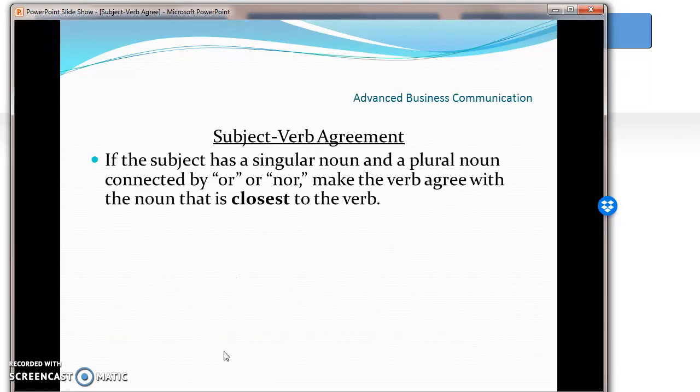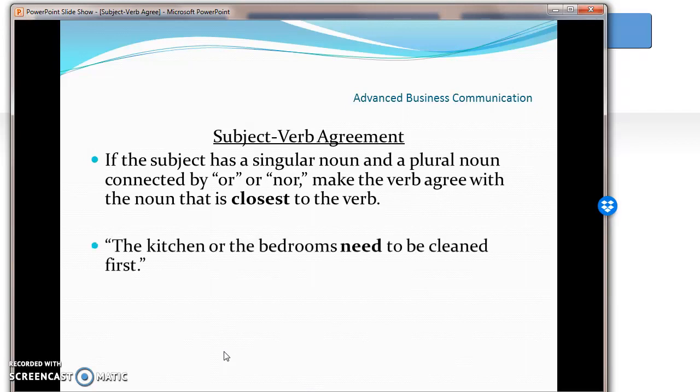Now here's another permutation of that. If the subject has a singular noun and a plural noun connected by an or or a nor, you make the verb agree with the noun that is closest to the verb. The kitchen or the bedrooms need to be cleaned first. Do y'all see that? Kitchen, singular, or bedrooms, plural, need, not needs, to be cleaned first, because it takes the subject that's closest to the verb, and it agrees with that.